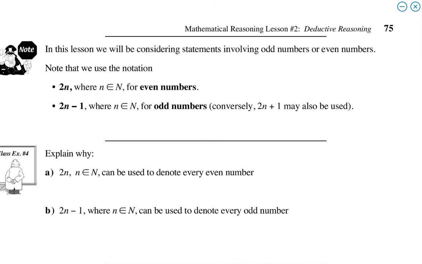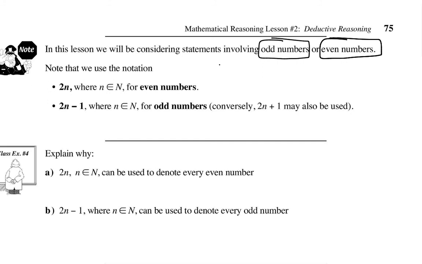Next page. Remember how we talked about how you would represent consecutive numbers, like n, n plus 1, n plus 2? This is another one that you have to memorize: how to represent odds or evens. So, how do you represent an odd or an even in general?